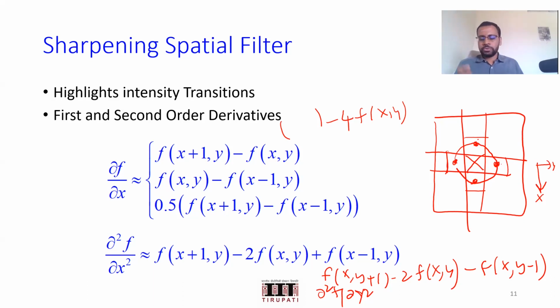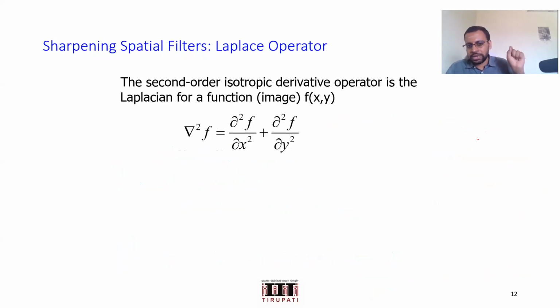Notice here, when this pixel is very different from the others, that is where you could expect there is something important, edge information, or to be more precise, this is referred to as a corner point, where the variation is there with respect to all the points. So you could use that to compute the points of importance in your image by simply computing this, which is referred to as del square of f.